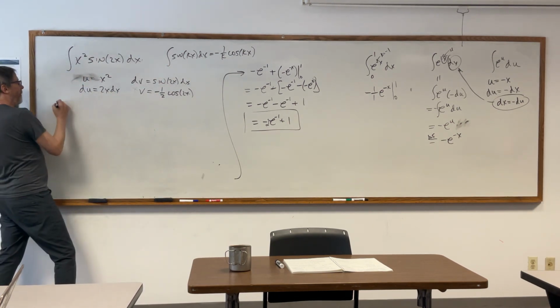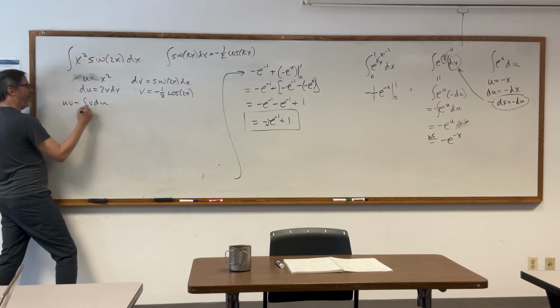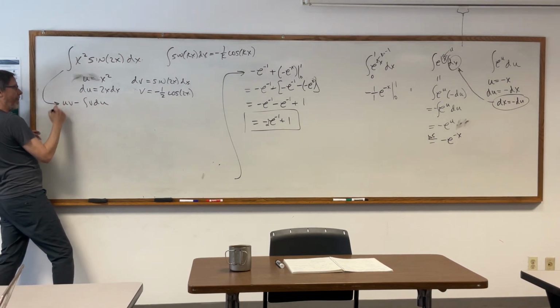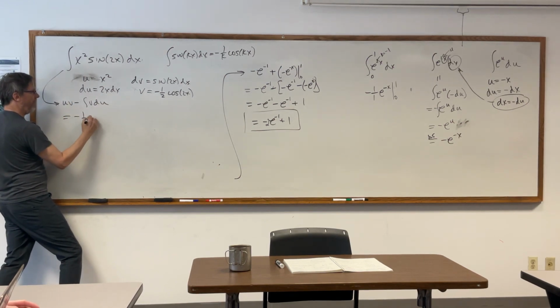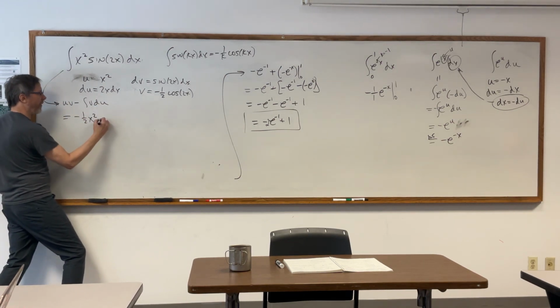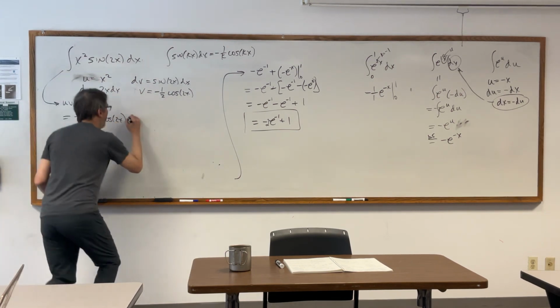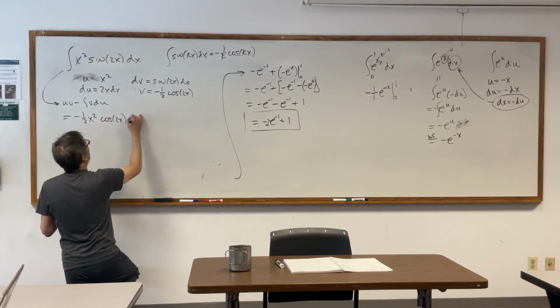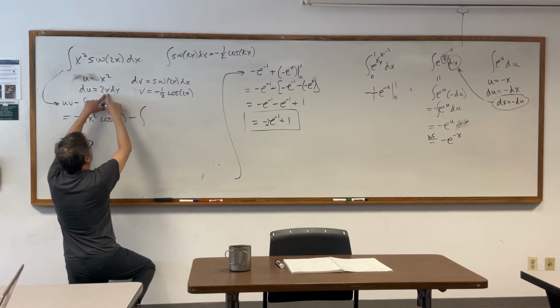So then we go through and we write uv minus the integral of v du as our next step. And so uv is negative, I pulled the 1/2 out in front and the negative. And then I put plus or minus the integral of v du, so check out what that's going to be.